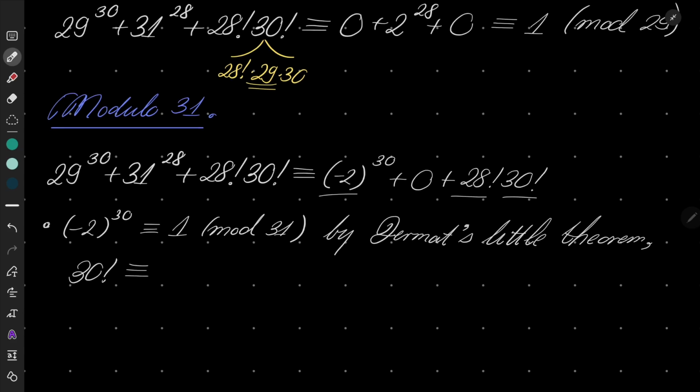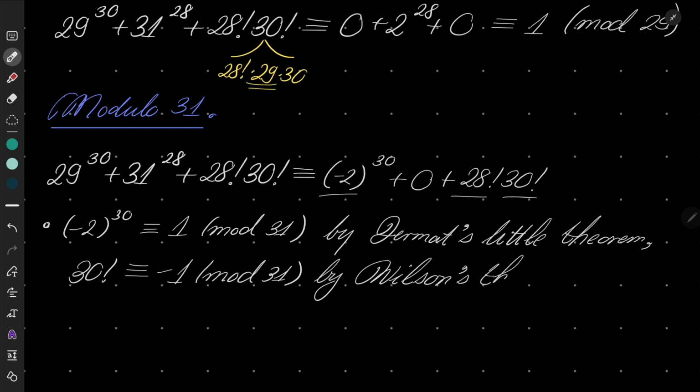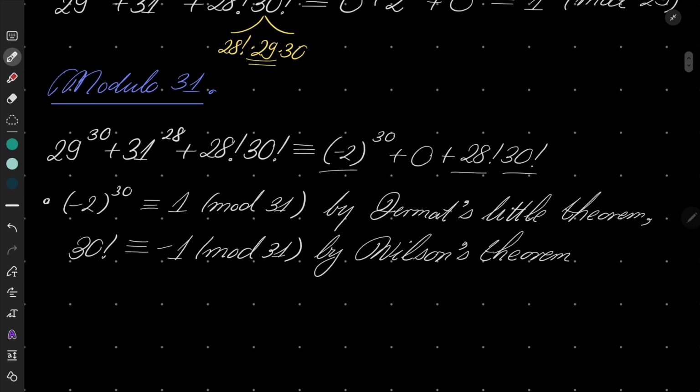Well, it's 1 less than 31, so it's congruent to minus 1 by Wilson's theorem. And finally, what is 28 factorial congruent to?